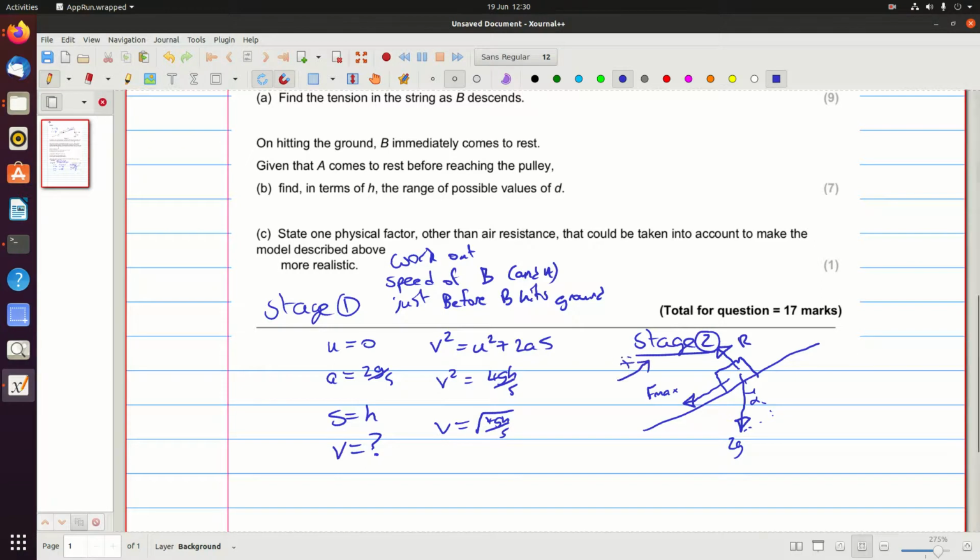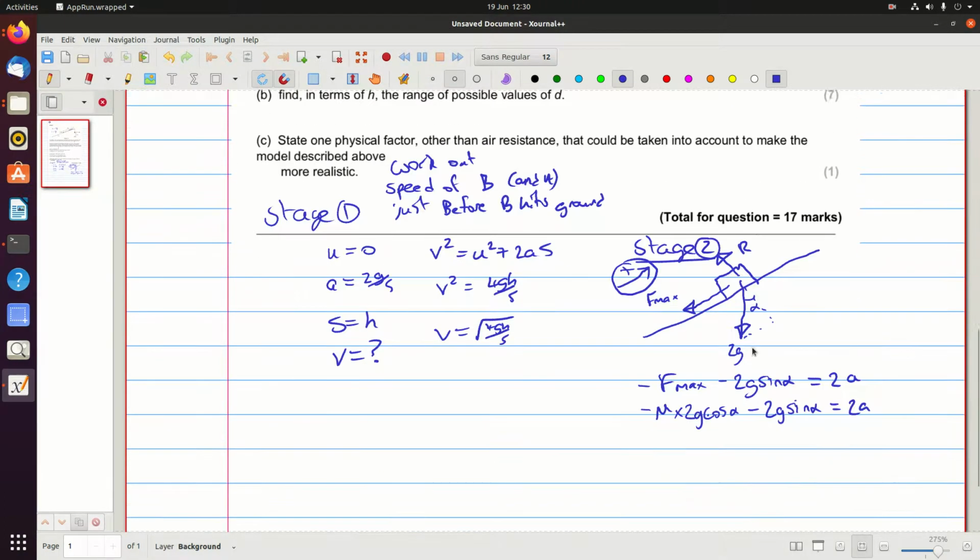If we take up as positive, the minus F max and the minus 2g sine alpha will equal mass times acceleration. And that allows us to find the deceleration. Now remember, F max is simply mu R, so that's going to be minus mu times 2g cos alpha, and then the sine alpha, we'll write down the sine alpha and the cos alpha in a second, but that's going to equal 2a.